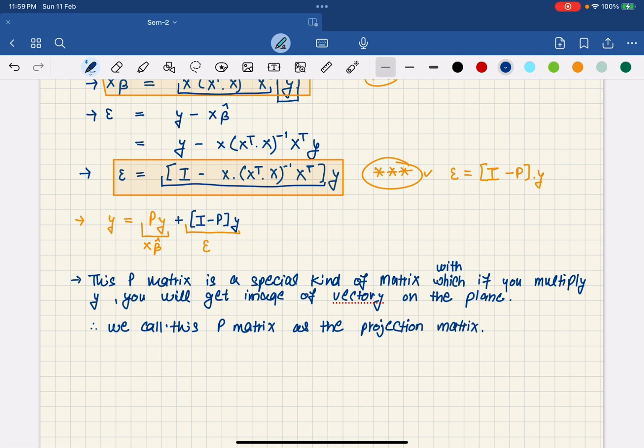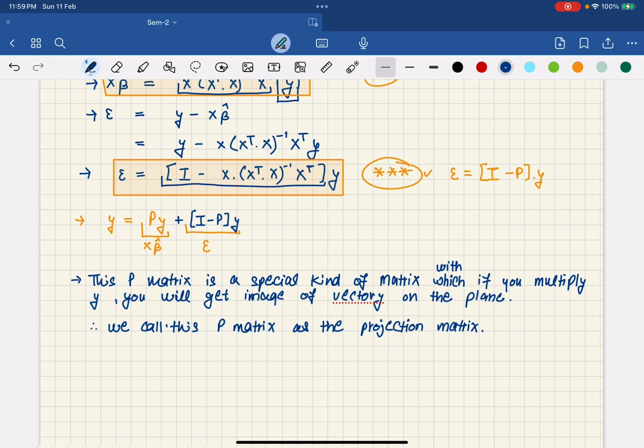Okay, so this P matrix is a special kind of matrix, राइट आपने y को इस P मैट्रिक्स से मल्टीप्लाई किया, तो जब आपने मल्टीप्लाई किया तो उसका आंसर क्या आया? y की इमेज उस प्लेन पे कैसे दिखाई देगी? ओके, एंड जब आपने y को मल्टीप्लाई किया इस I माइनस P मैट्रिक्स से, तो आपका आंसर आएगा योर एप्सिलॉन, ठीक है, द वेक्टर विच इज परपेंडिकुलर टू द प्लेन.